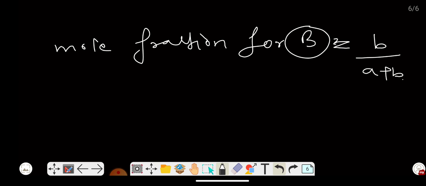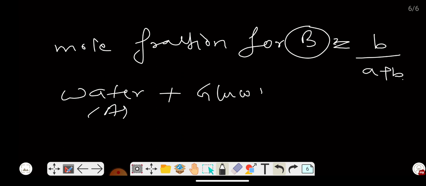Now let us understand by taking an example. Suppose we have water as A and glucose as B. Let's suppose 72 grams of H2O will be taken and 540 grams of glucose will be taken.